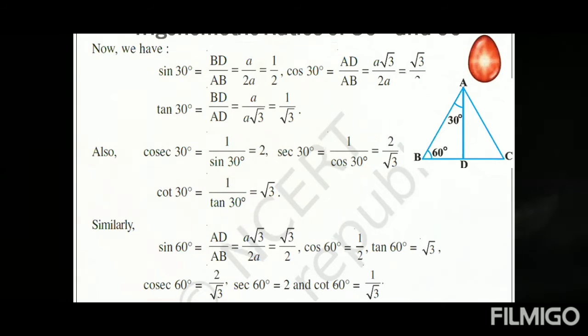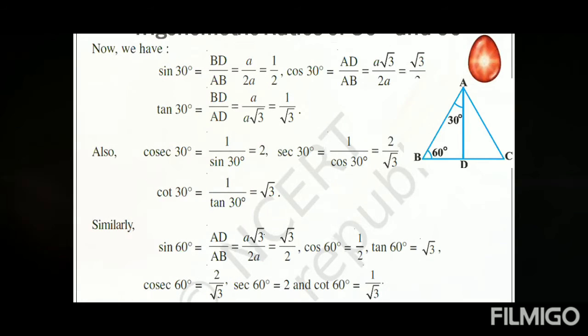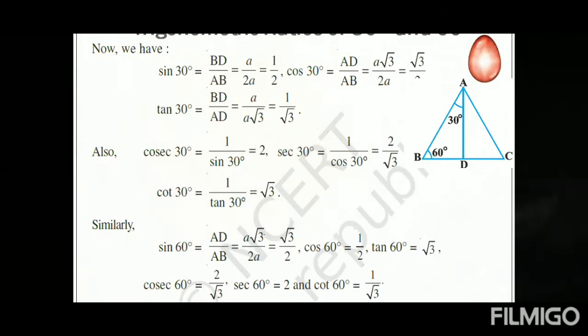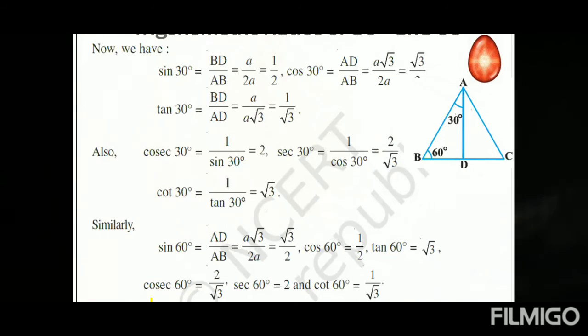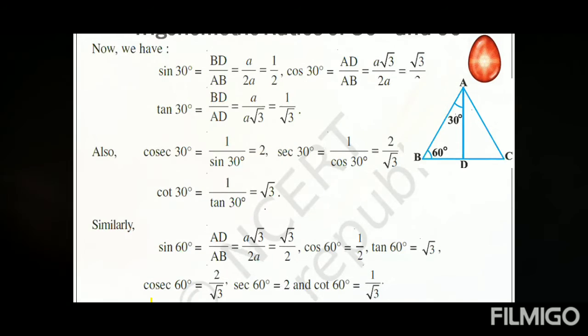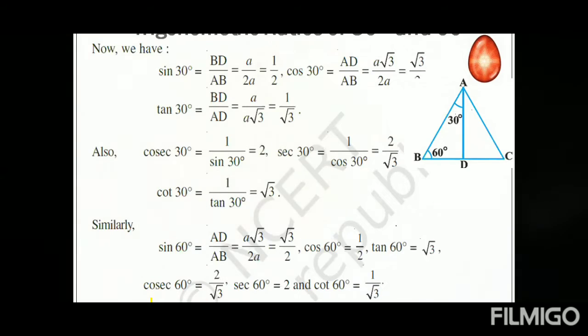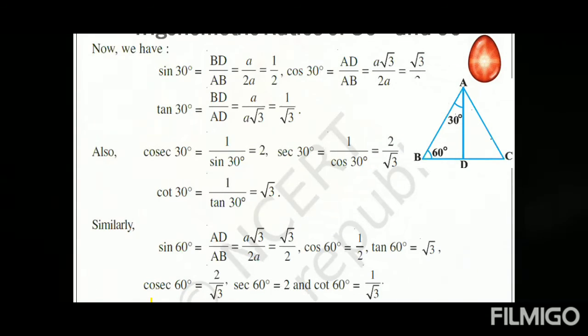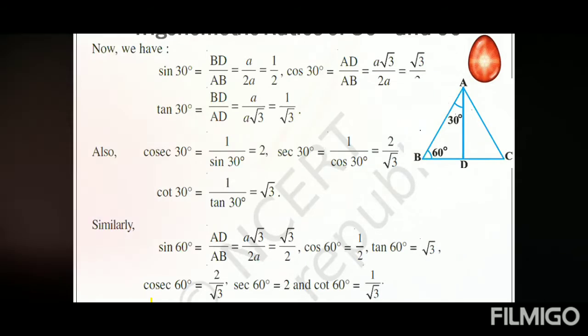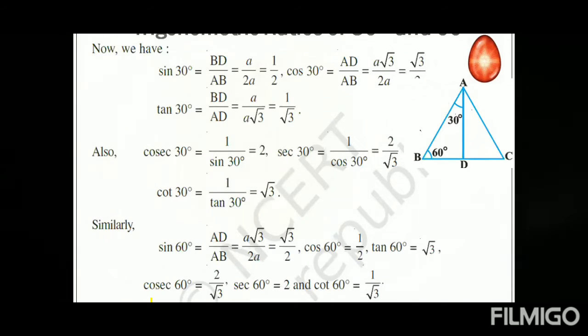Now moving on to the next trigonometric ratios: those of angles 30 and 60 degrees. Let us now calculate the trigonometric ratios of 30° and 60°. If you take a triangle ABC that is an equilateral triangle, all the sides are equal.